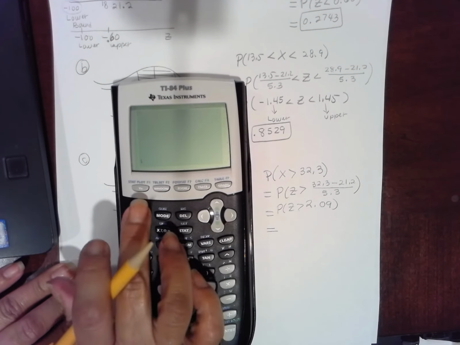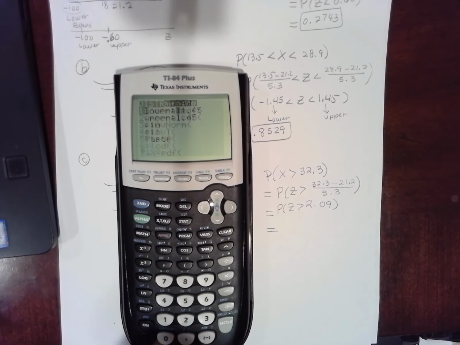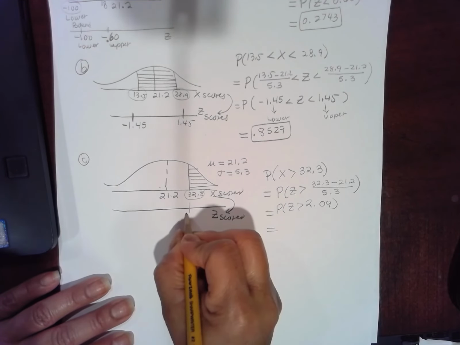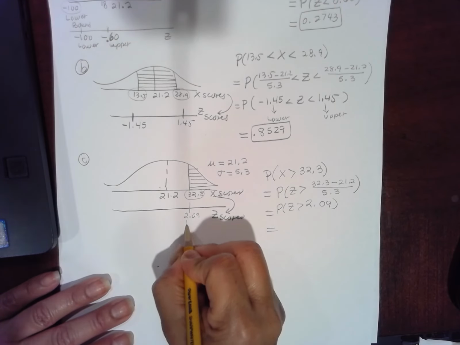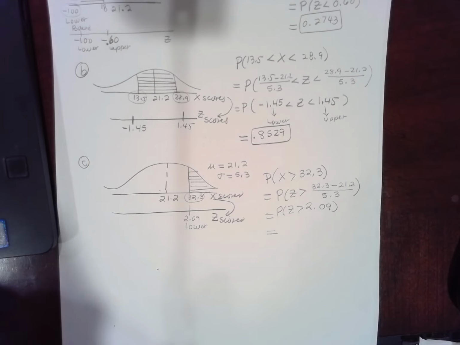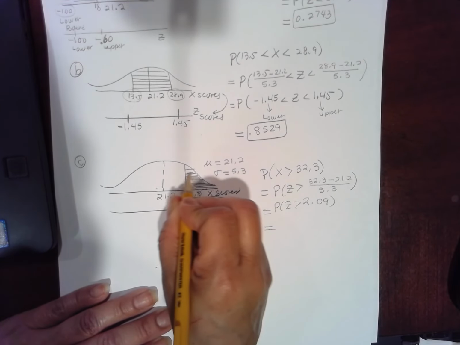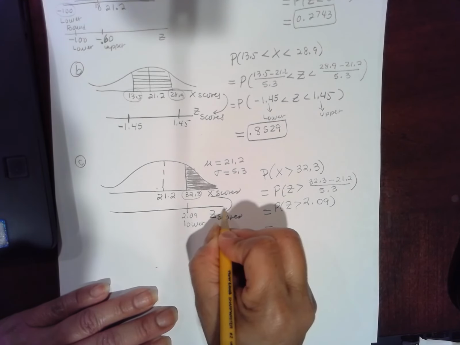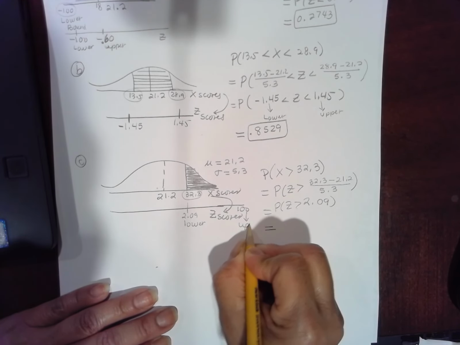So I'm going to go second vars, option 2. And in here, if you look at the drawing, this 32.3 becomes the Z-score of 2.09. So this becomes your lower, and then the 100, because the area is heading towards an infinite number of numbers. So therefore, we're going to treat it as the Z-score becoming 100. So this right here will be your upper.